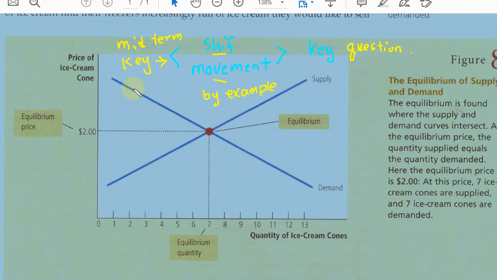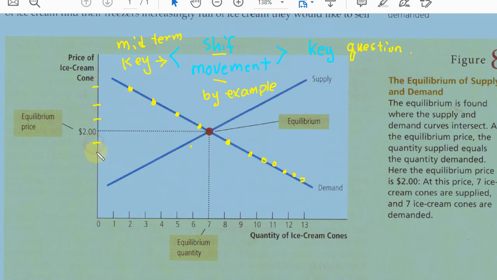Here, the movement first. The movement along the line, whether it's the demand line or the supply line. Look at this. The point changes along the line, here, here, here, like this. The point changes along the demand line by what? By the level of pricing.